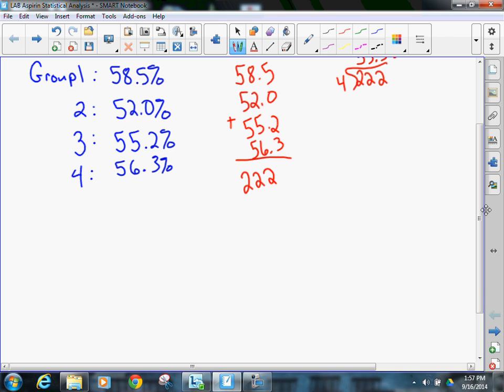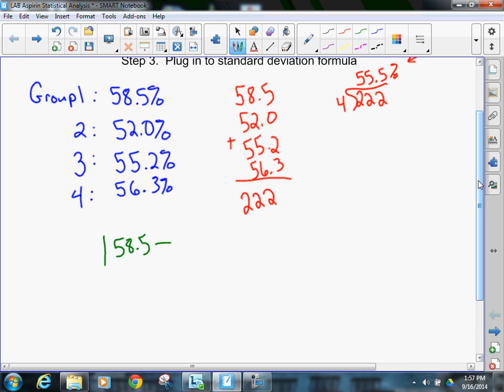So we're going to take the absolute value and find out how far away each group's percent yield is from this average of 55.5. That is a deviation from the mean. So I'm taking the absolute value here. I don't care if it's positive or negative. I just want the difference from every group's data from the mean.